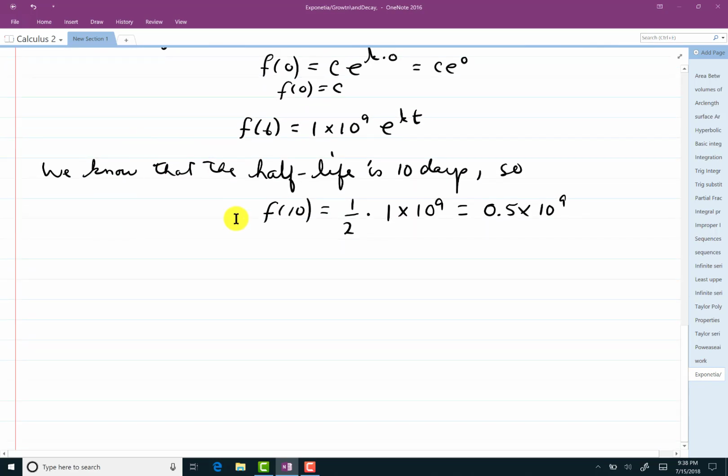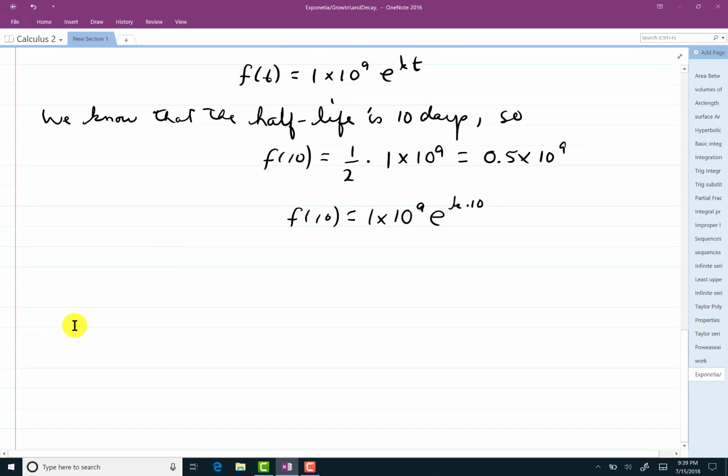But on the other hand, f of 10 equals, now I already have the c, this is my formula right here, 1 times 10 to the 9th e to the k times 10. But I'll replace f of 10 with this number.